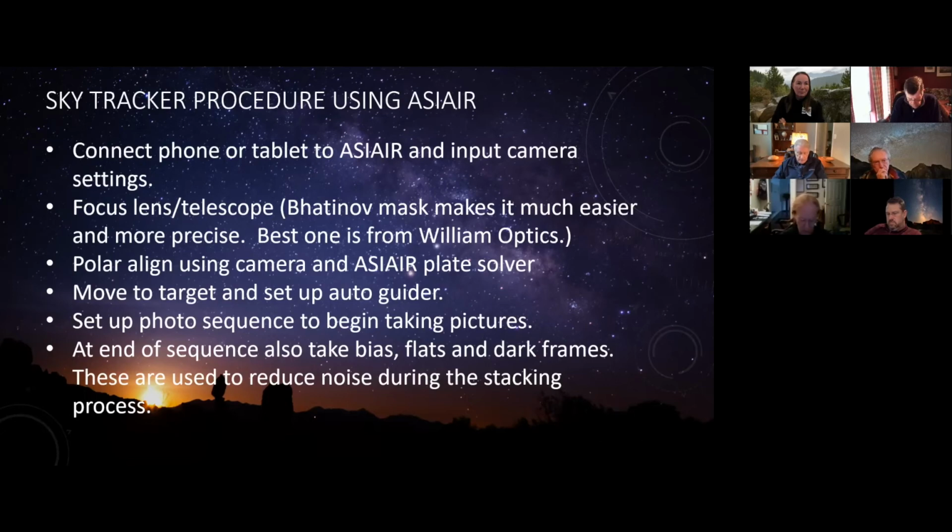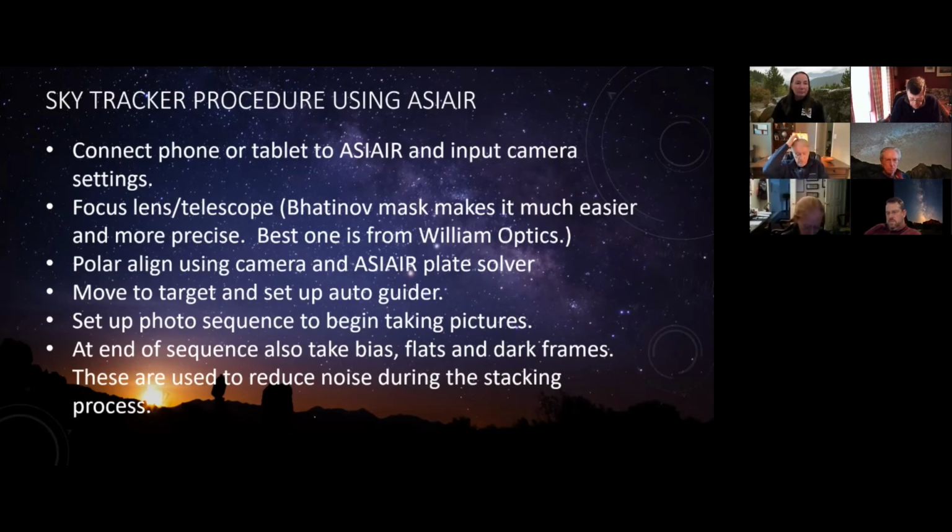And finally, you can do this all ahead of time. You set up how many photos you want to take, and you set up your exposure time and your gain on the camera or your ISO, and then you begin taking your pictures.